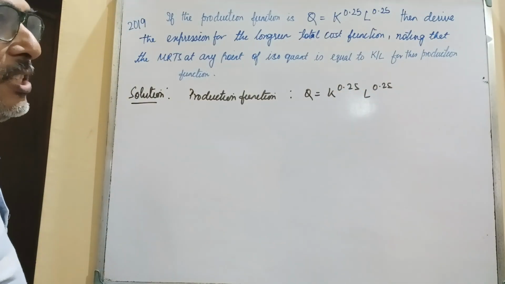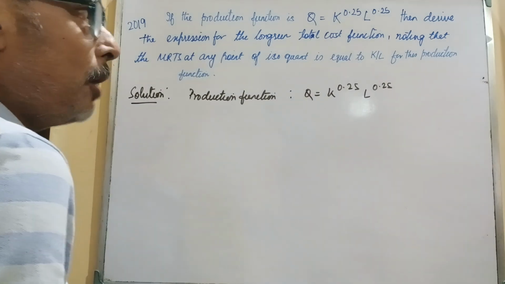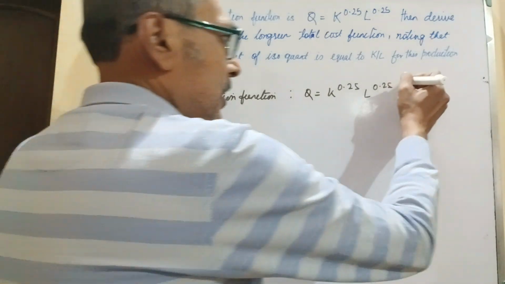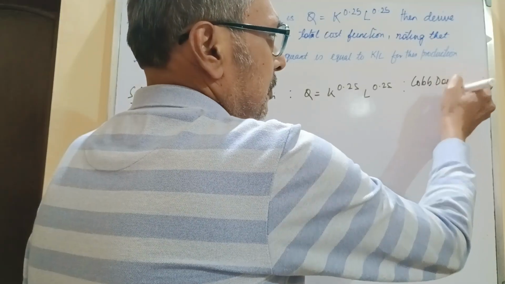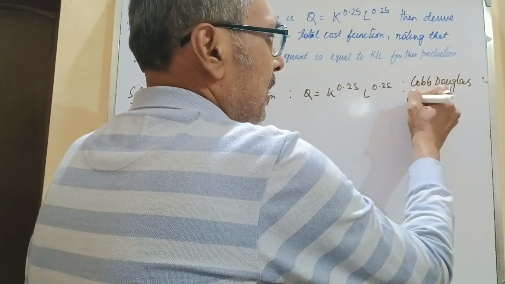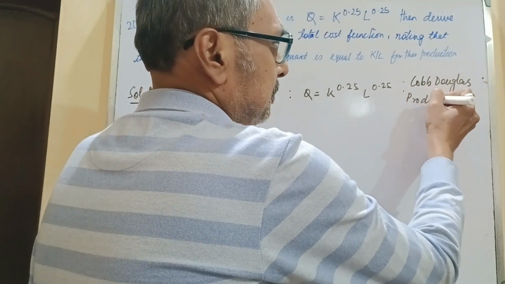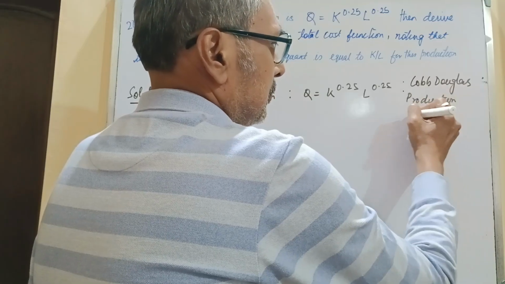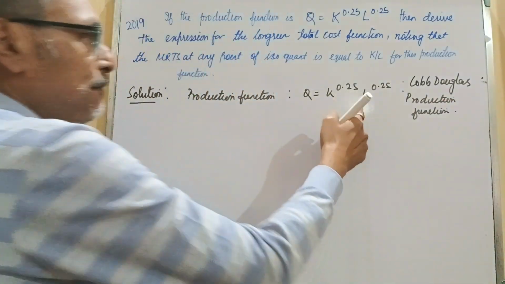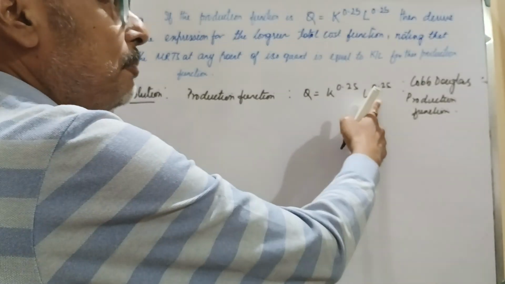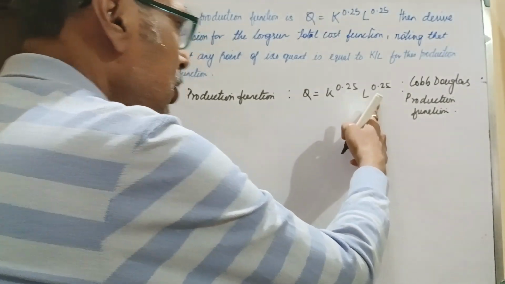This type of production function is called the Cobb-Douglas production function.